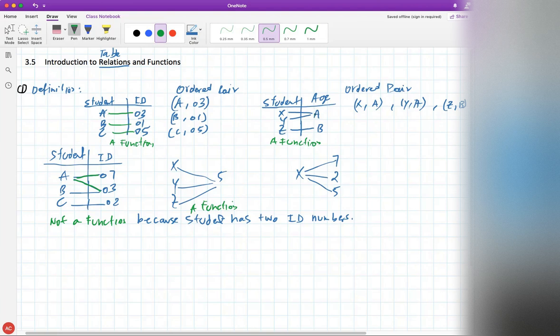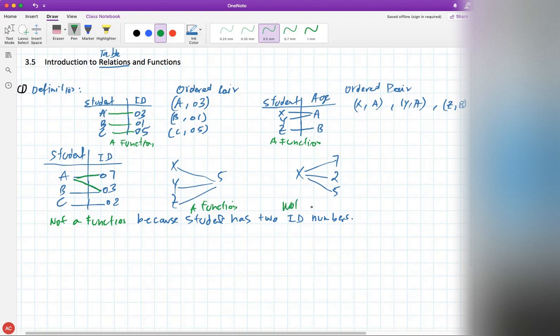People can have the same age, but some elements cannot be shared. For example, ID, they're unique, social security. One unique item, for example, ID or date of birth, cannot be duplicated here. So it makes the relation not a function. So this is a function, this is not.